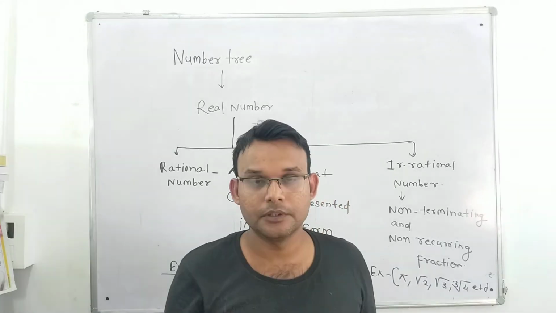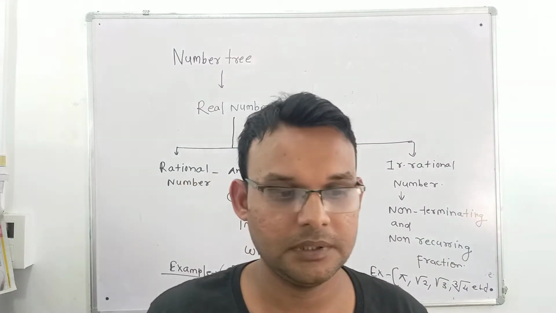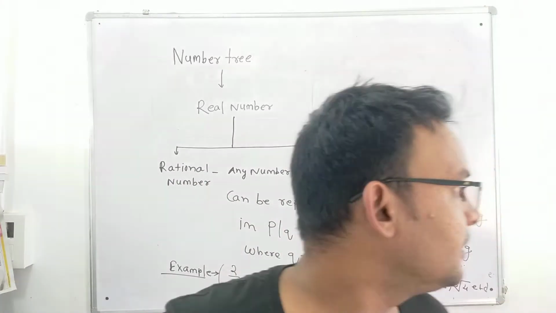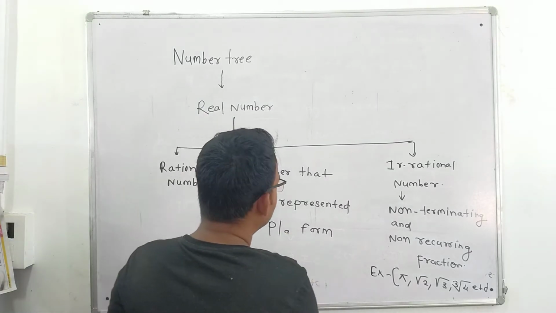Since we know non-terminating, non-recurring fractions are called irrational numbers. Now our main focus is on rational numbers. That's why we will see the classification of rational numbers.